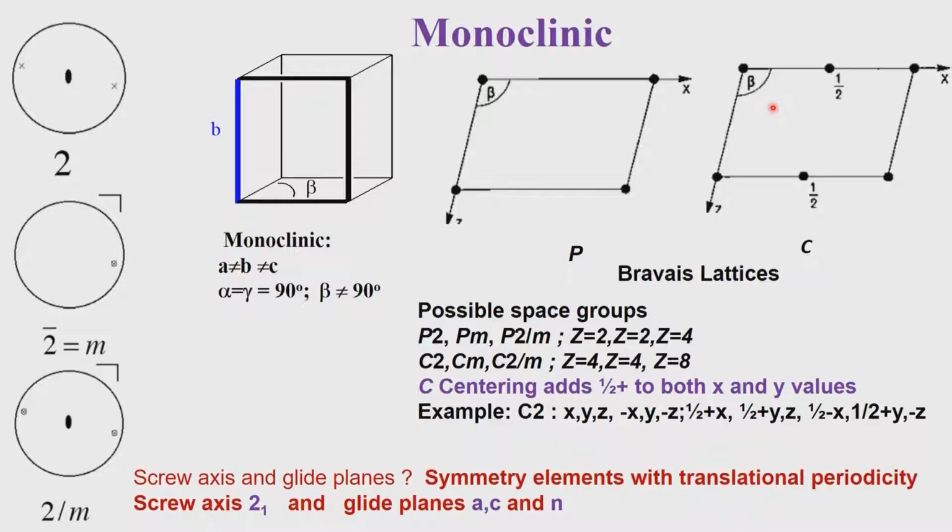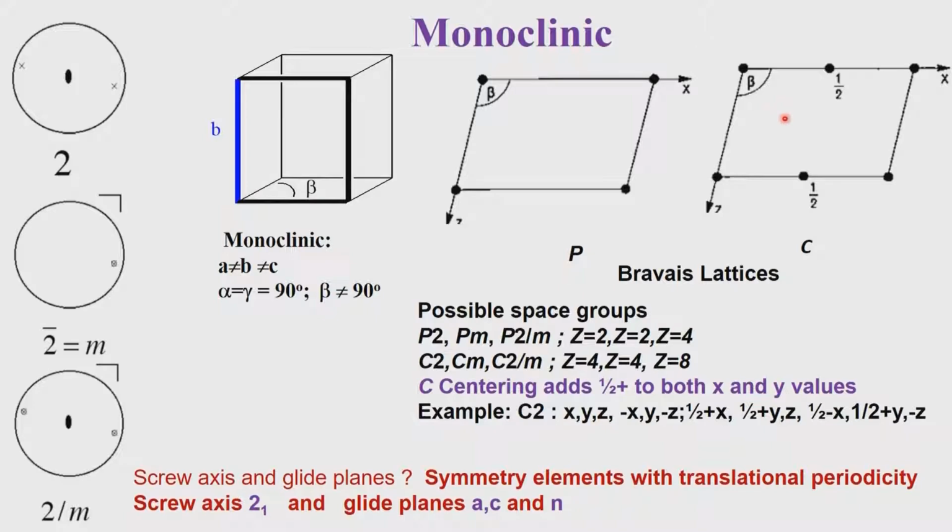Now, you will be wondering how you have 4 equivalent points in the unit cell. Let me demonstrate one example here. Let us say this is the position of x, y, z. You operate the two-fold symmetry, and the value takes it to minus x and minus z.